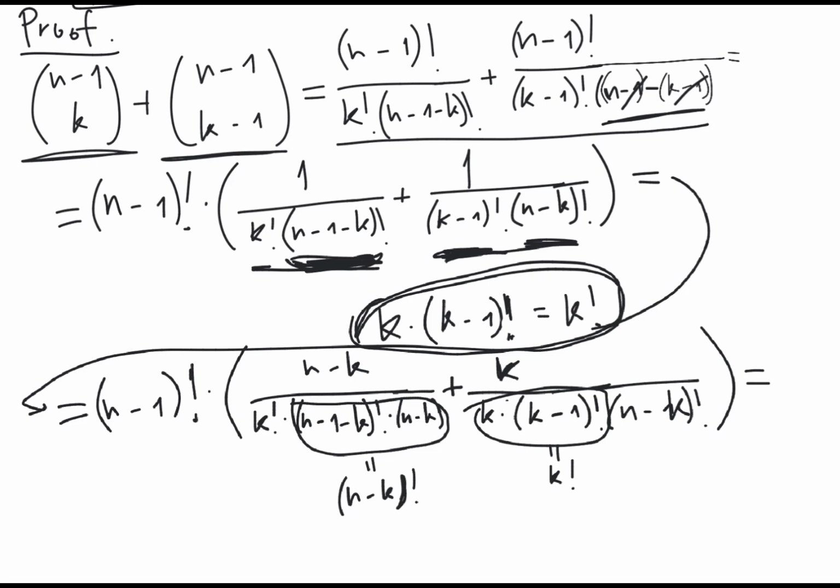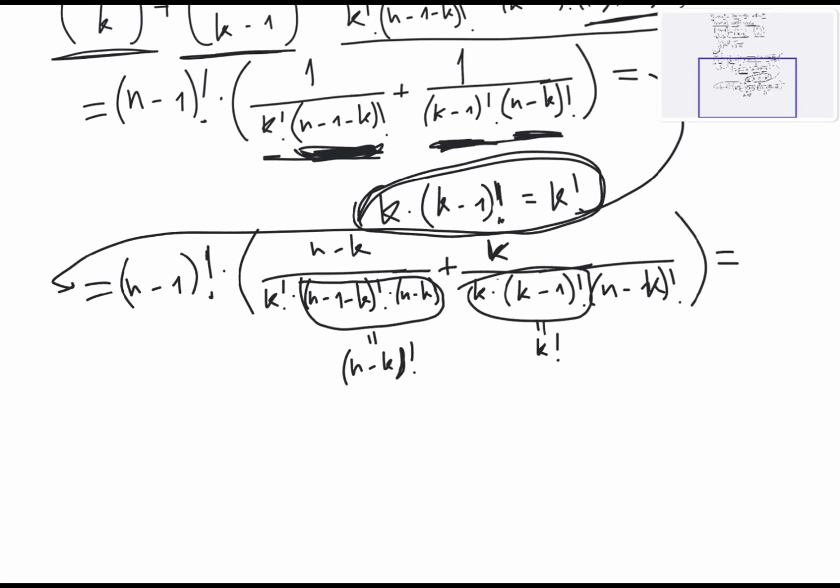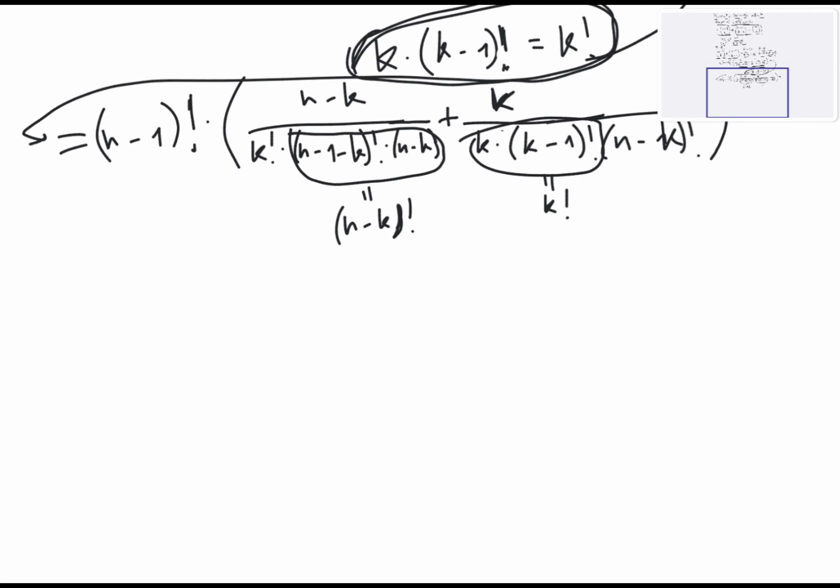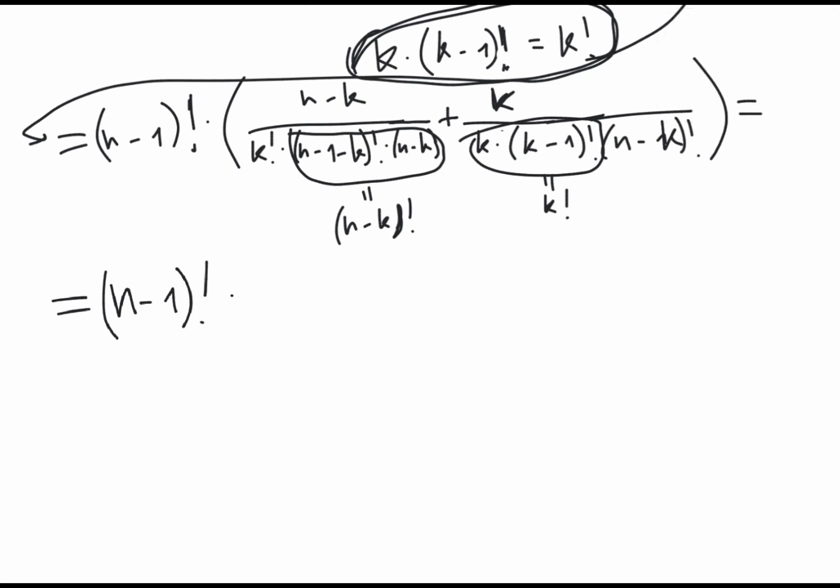So now in both fractions we have the same denominator, right? So we have n minus 1 factorial and these fractions, so this is the common fraction now.